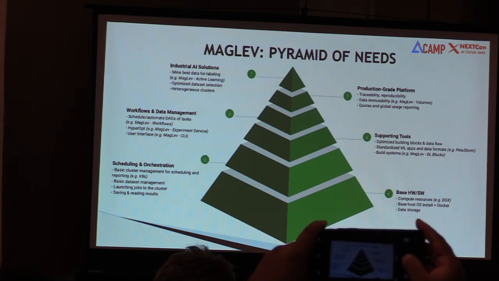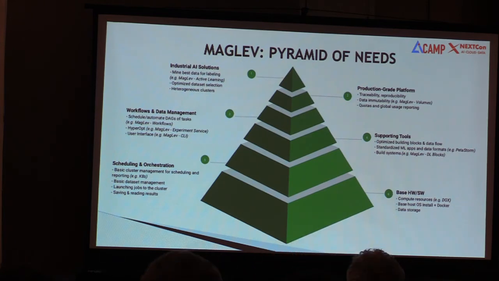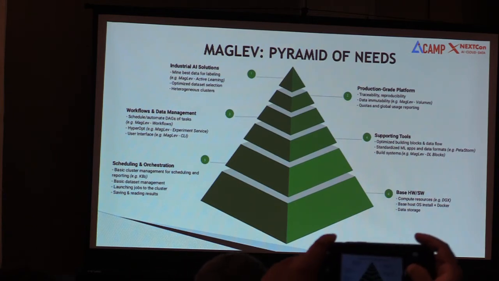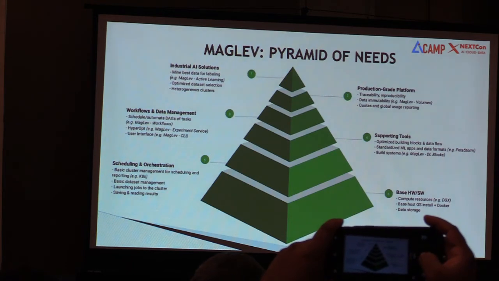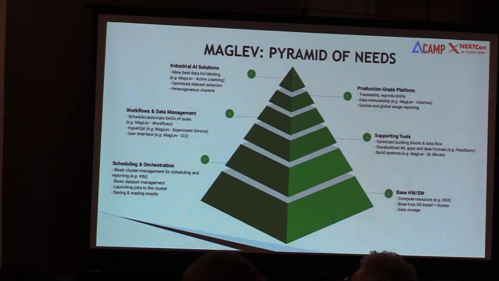The third layer is to have tools that support development. So if you have a team of 10 data scientists or 20 or 50, you probably don't want them to have their own frameworks, right? You don't want them to have their own library. You want them to collaborate and have a shared infrastructure, right? So this is the first step of building a large-scale team to solve those problems.